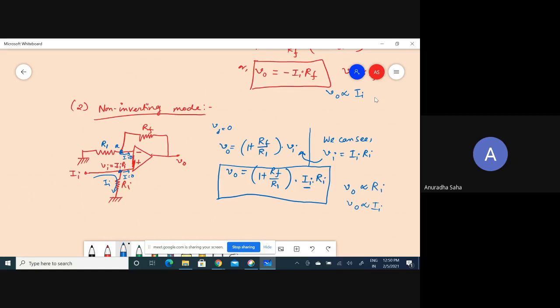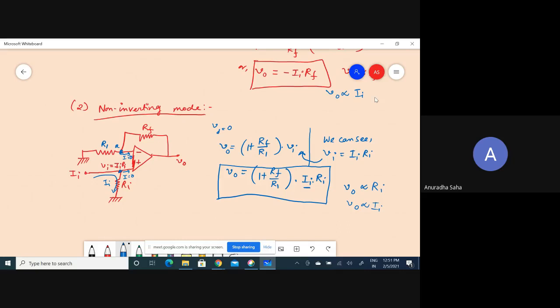So if you keep changing your current, you obviously get the output voltage accordingly, and it depends directly on the resistances. That is why there is a straight proportional relationship between the voltage and resistance, and why this current to voltage converter circuit is known as a trans-resistance amplifier.